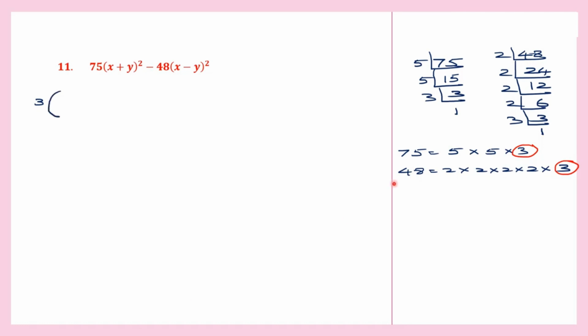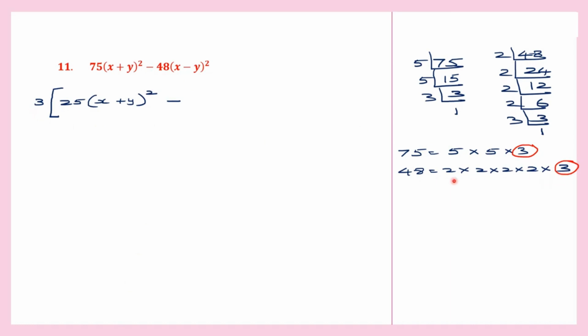Now look at this 75. If I remove 3, what is left? 5 into 5 is 25, which I can write here. So that becomes 25 into (x plus y) the whole square. Let's change this bracket to a square bracket. Now I continue by writing minus. Here in 48, again 3 is common, so I've taken 3 out.